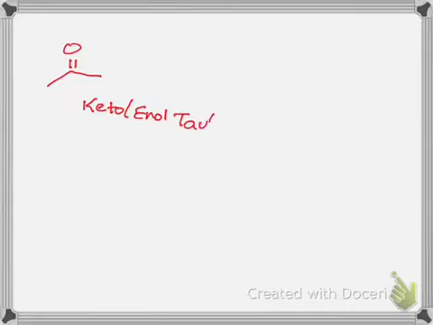Now, early on when we started talking about these, we established the keto-enol tautomerism. And one of the things that we talked about was the fact that these 2 molecules are tautomers of each other.